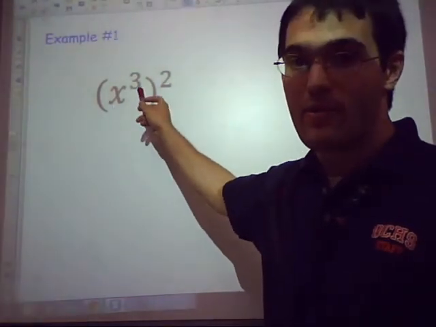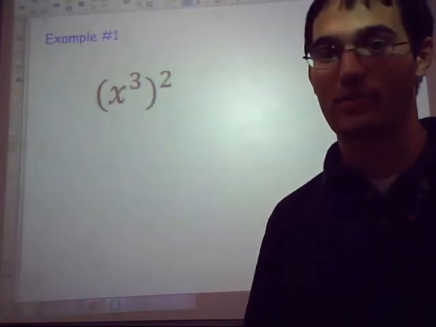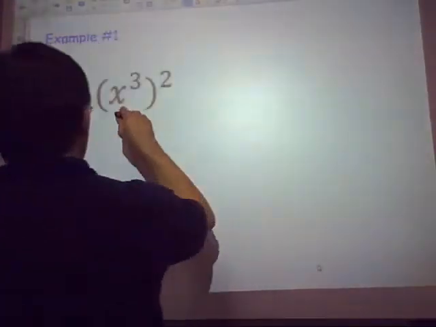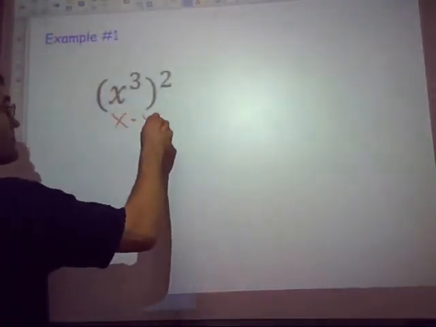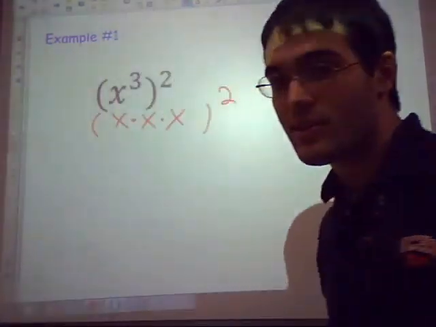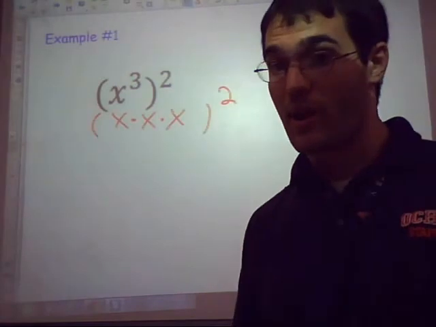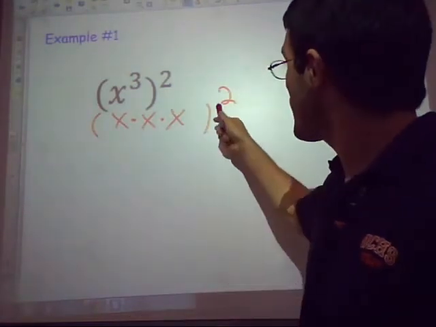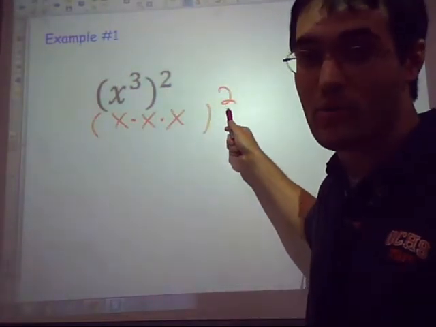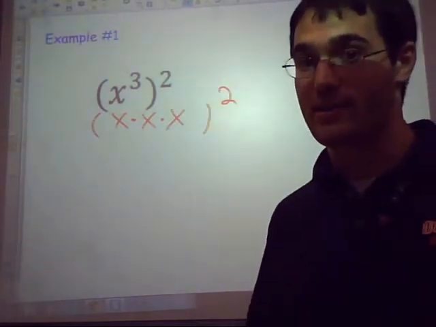If you have x to the power of 3, that's the same thing as x times x times x. X multiplied 3 times. Okay? So we have x times x times x, to the power of 2. When you raise something to the power of 2, when you're squaring it, what you're doing is multiplying it by itself.